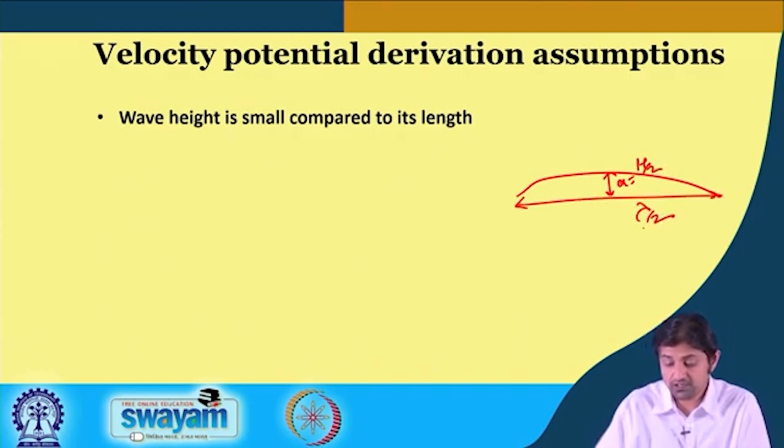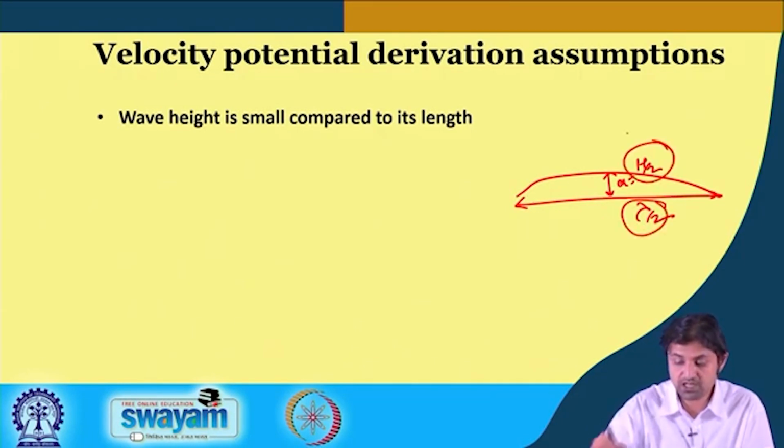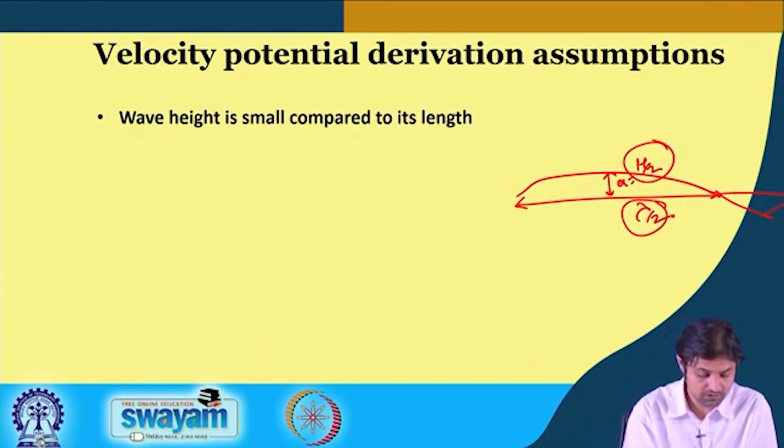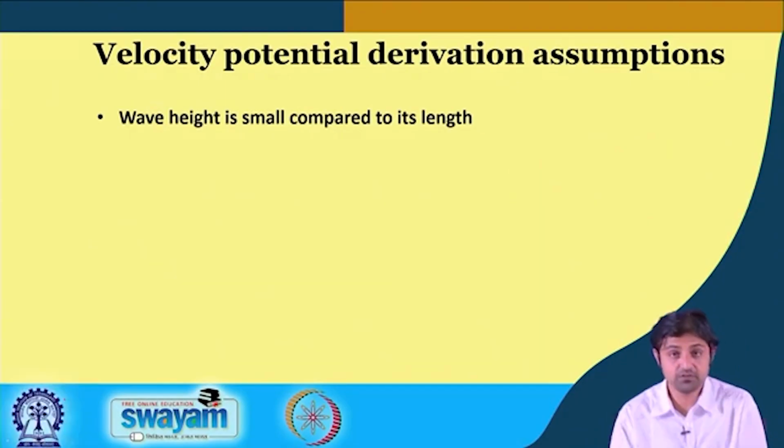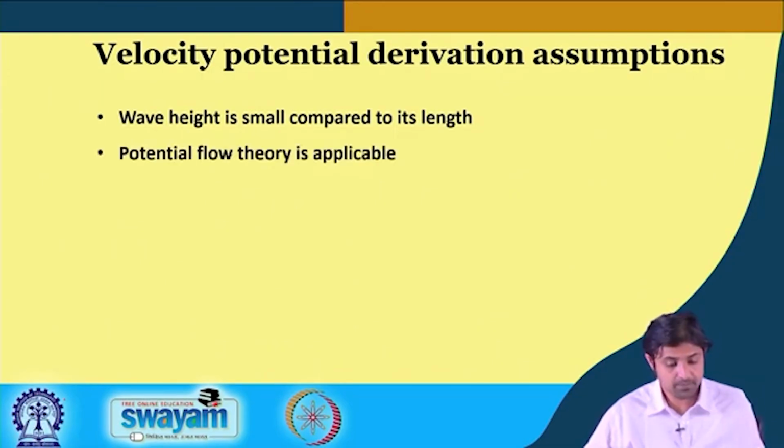We say this lambda by 2 is much larger than H by 2. Okay, this is not a very good representation, but just to let you know that for this derivation we have assumed wave height is small compared to its length. We will come to why.